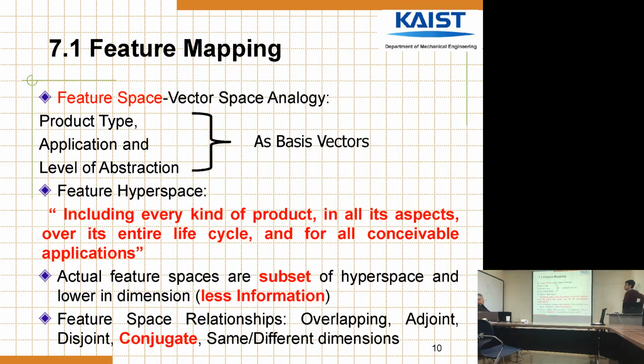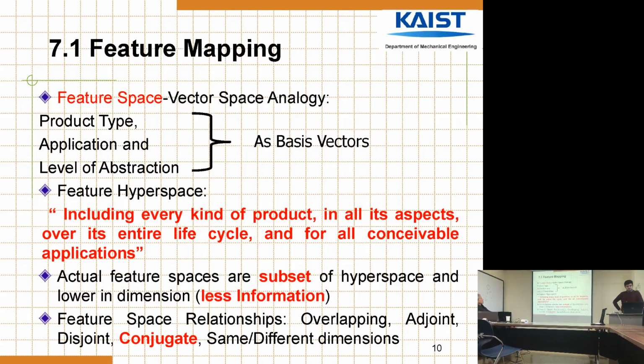Similarly, he defined feature space, and he said that product type, application, and level of detail or level of abstraction can act as the basis vectors, and we can define a feature hyperspace, which is for all the possible cases throughout the product life cycle. So when we have one feature, it is actually a subspace of that feature hyperspace.